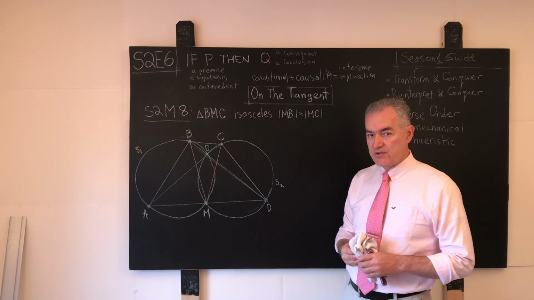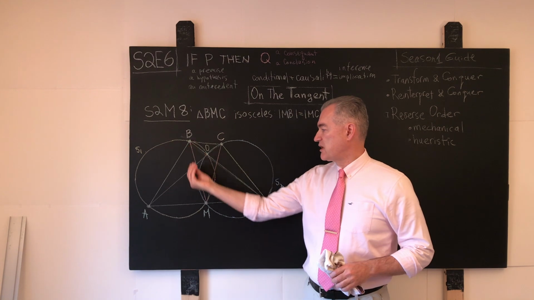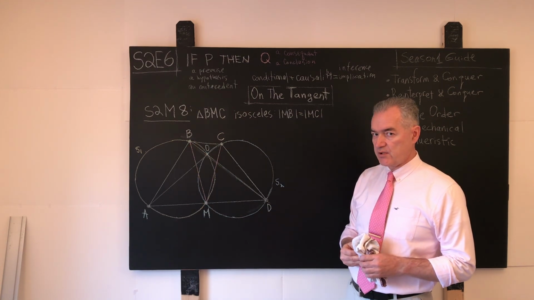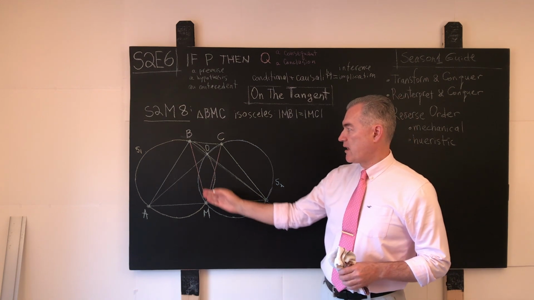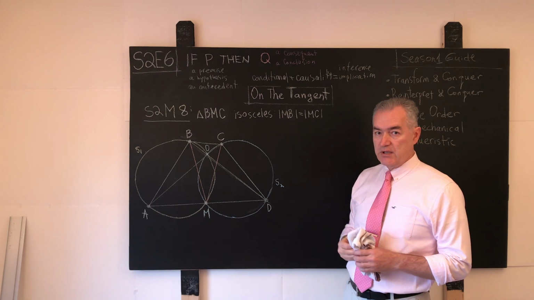And the objective in this problem is to show that the triangle BMC is isosceles, with the lengths of the sides MB and MC, as shown over here, being equal.